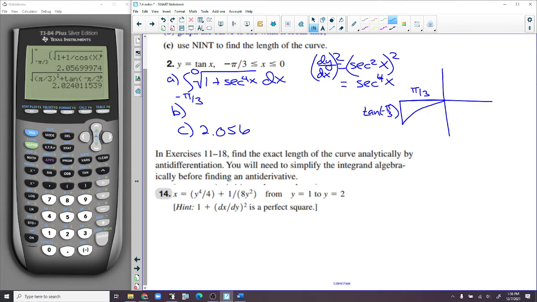The first thing is, let's find the derivative. So I'll help you out. Here's how I would do it. dx/dy is equal to, I would make it, not the derivative, the function rather, 1/4 y to the 4th plus 8y squared to the negative 1. All right, can you find the derivative of that?